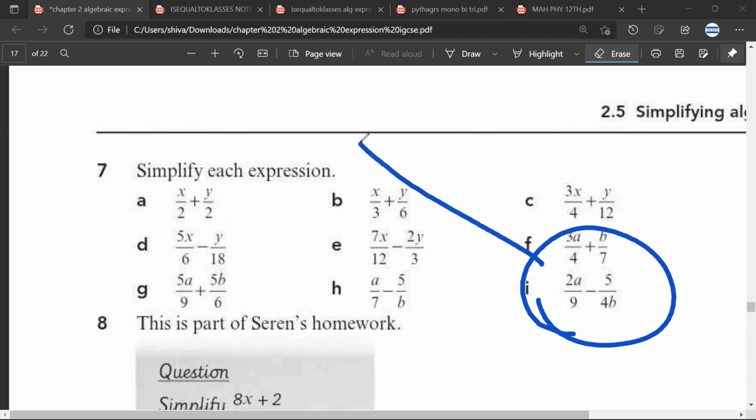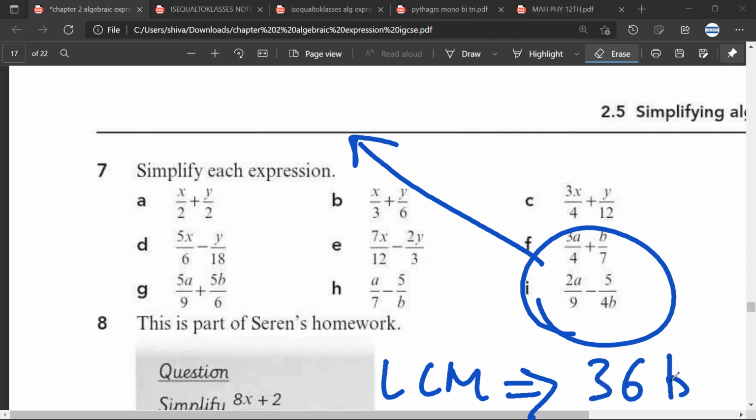Mr. Satya, how should I do this? So we have to find the LCM. So what would be the LCM? Okay, so then we have to do 2a into 30. No, sorry, 9.